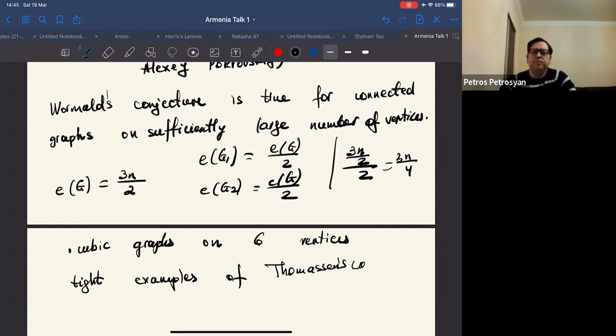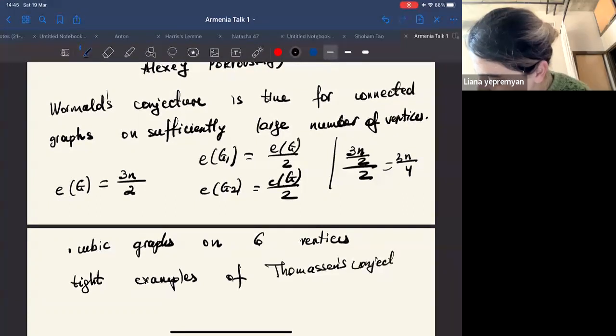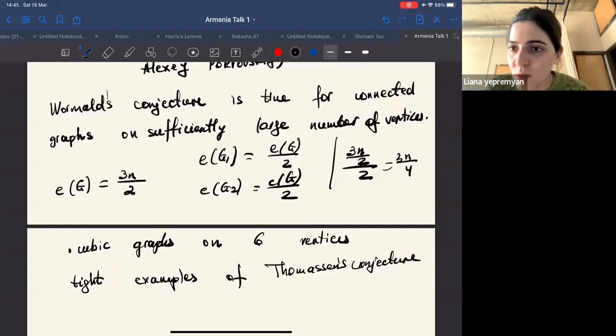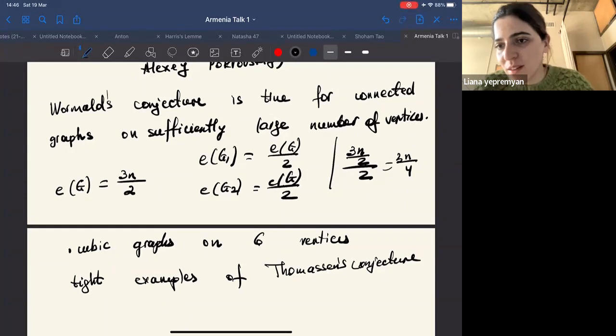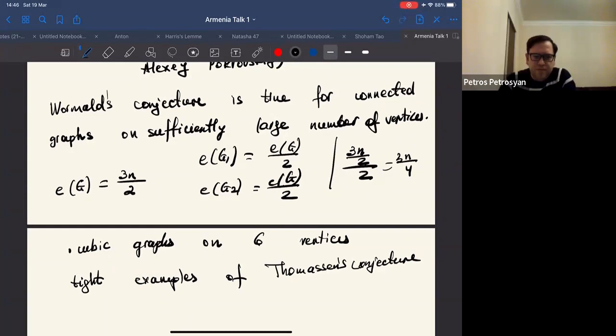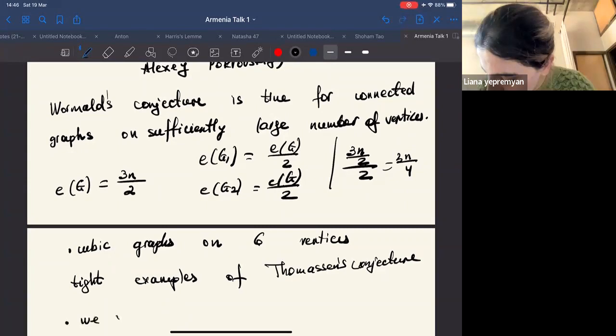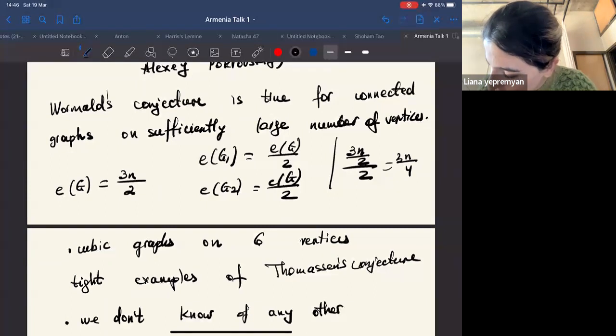But it is actually true that we don't know what happens if you forbid just these small examples. If I tell you that your graph has, I don't know, at least 7 vertices, then I don't know if this construction is tight or not. So that's open. No one knows. We don't know of any other tight examples.